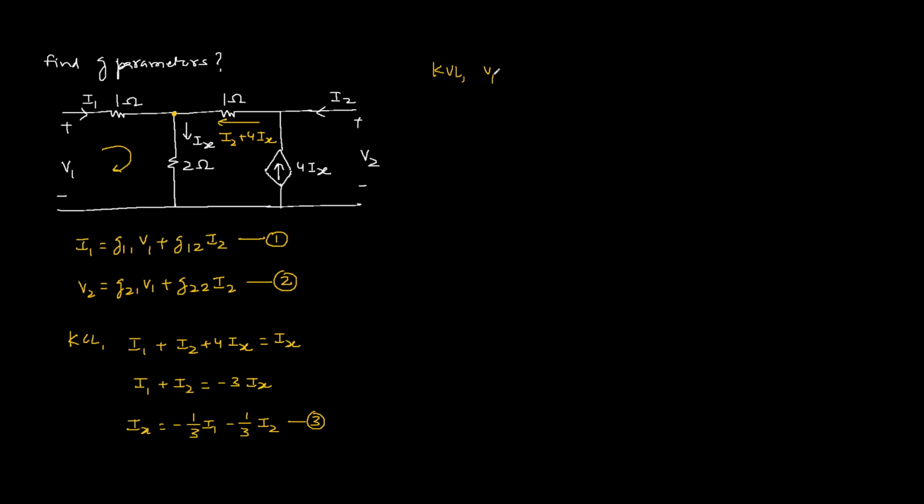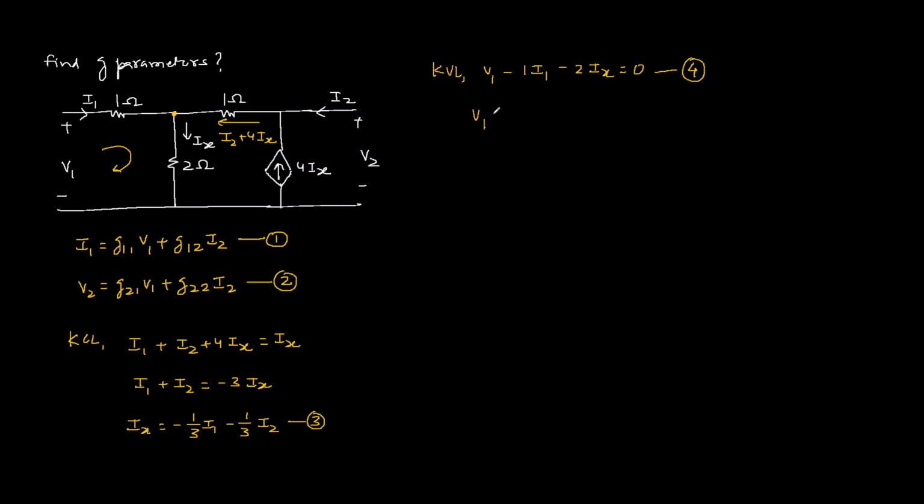Now let us apply KVL in this input loop. KVL: V1, rise in voltage, then drop across 1 ohm resistance is 1 I1, and then drop across this 2 ohm resistance is 2 Ix. Now replacing Ix from equation 3 into equation 4.